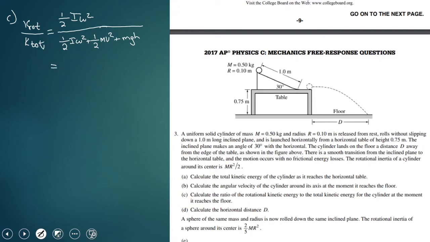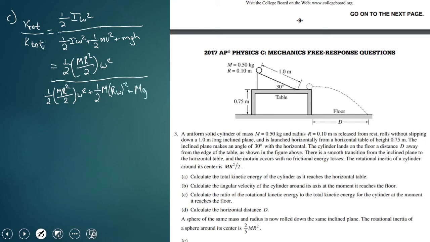Okay, now we have, once again, 1/2. We know that this is mr squared over 2 times our angular velocity squared over, same thing, 1/2 times mr squared over 2 times the angular velocity squared plus 1/2 m, this is r omega squared again, this is going to be mg, and then times the height of the table.